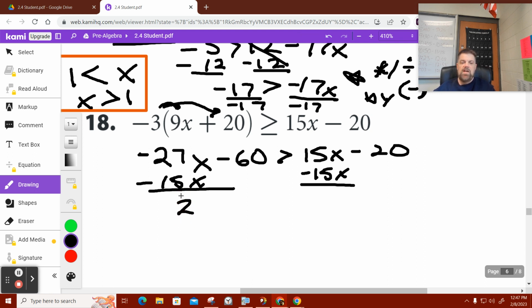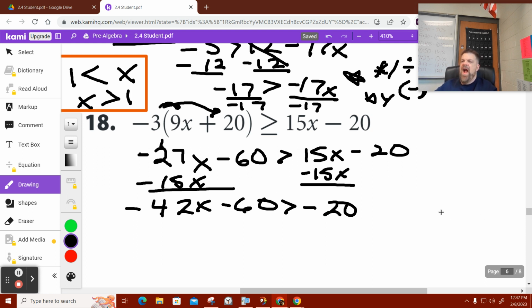Boy, this is a big one. Negative 42x, yes? Minus 60 is greater than negative 20. All right, you're next. What do we do? Plus 60. Yep. Add 60 to both sides.